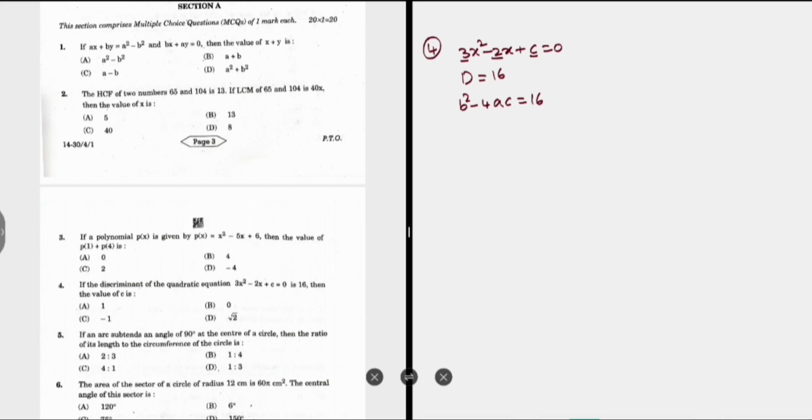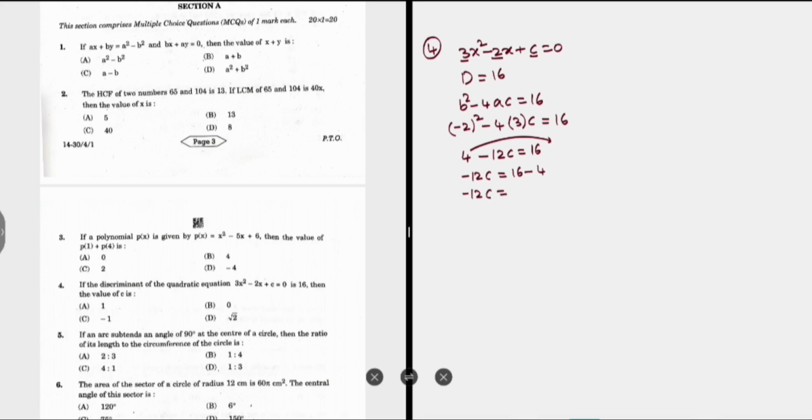So we have to substitute. b square is minus 2 whole square, minus 4 into a is 3, c is c itself. So that is equal to 16. Now minus 2 whole square is 4, minus 12c is equal to 16. Transpose 4 that side, we get minus 12c is equal to 16 minus 4.